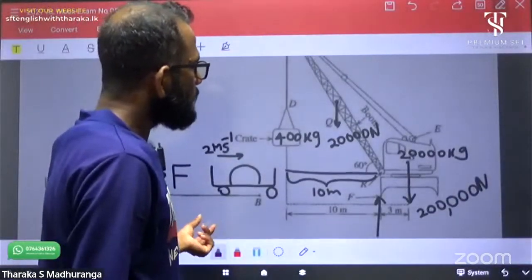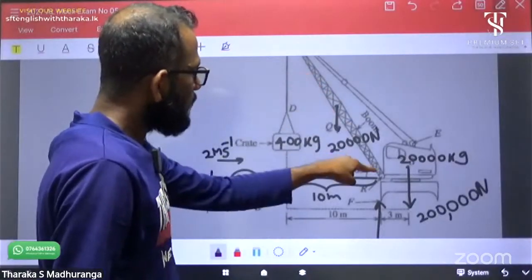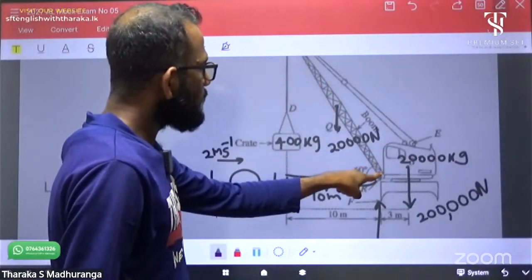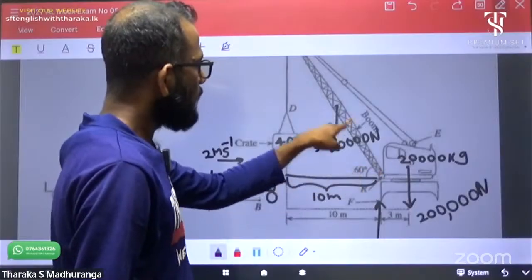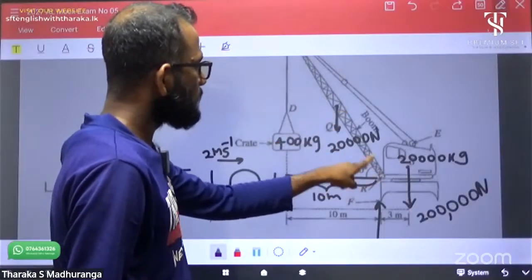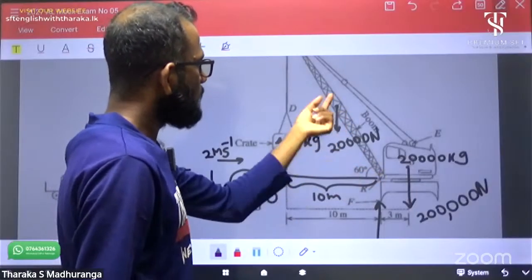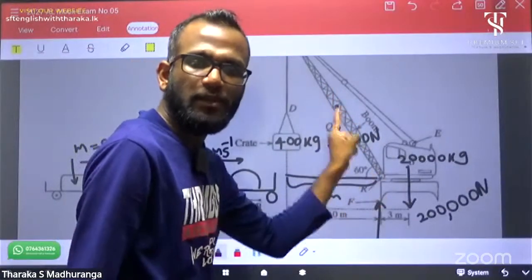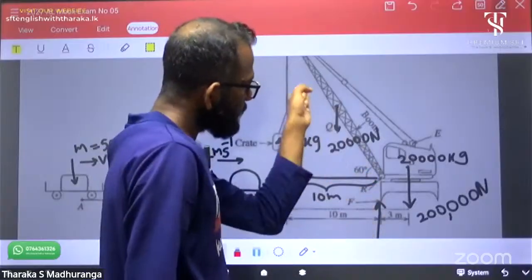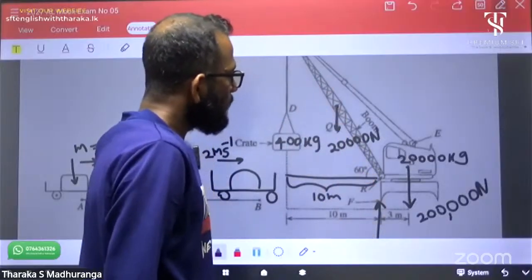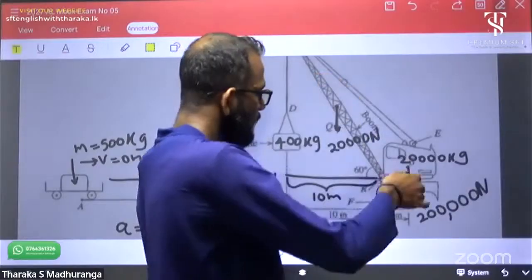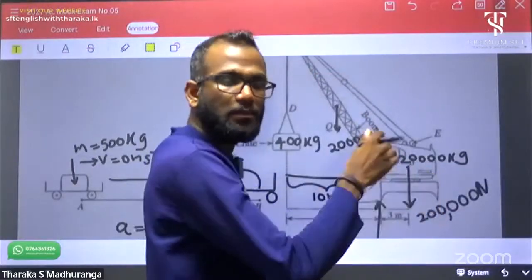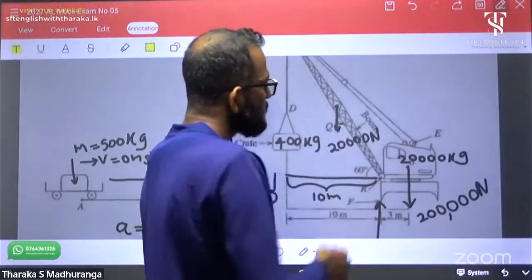What other forces? 10 meter above, 10 meter on the crate. The total is 20 meter, and Q is the midpoint, so it is 10 meter. There is a force, and that's not a perpendicular force. What is this angle?